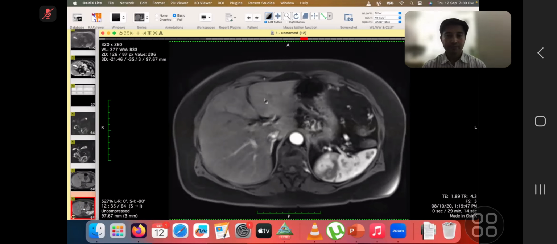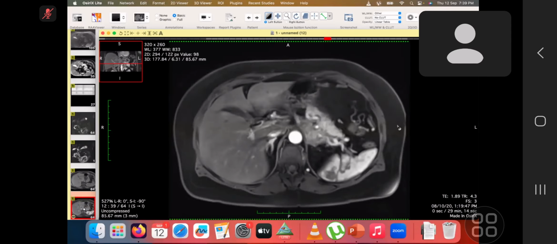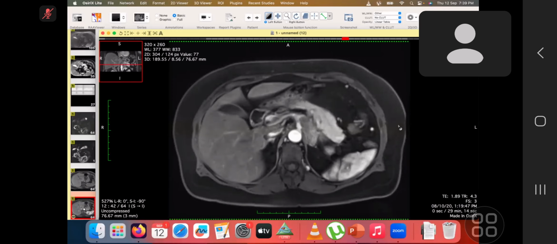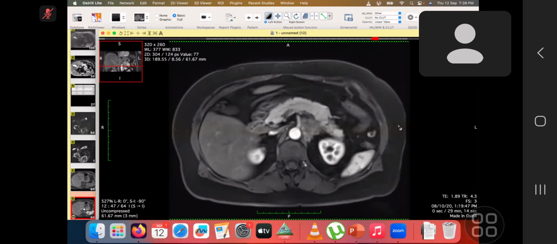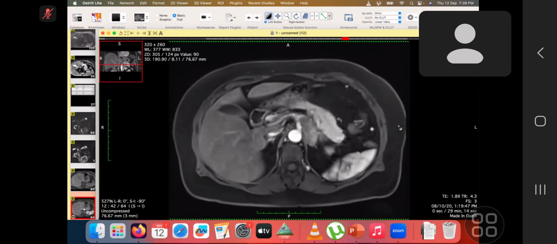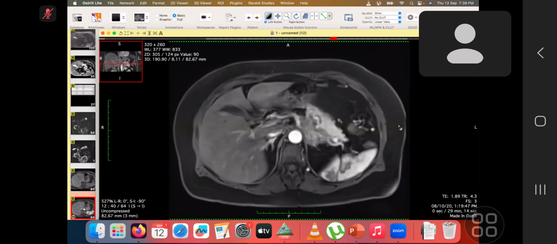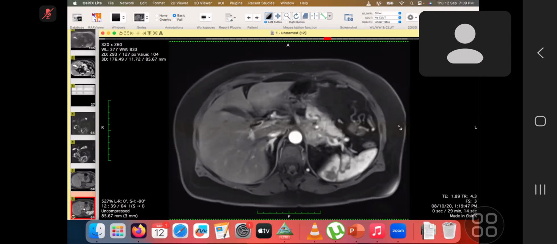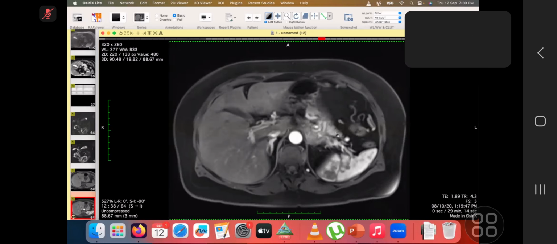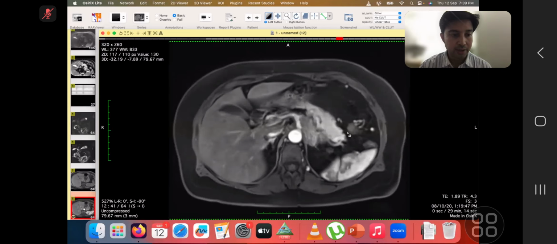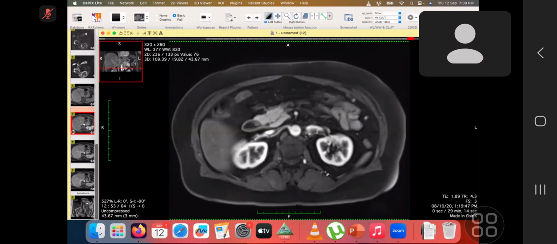Yeah. So I am scrolling through the MR post-contrast arterial phase images. You're not able to? Okay, let me just. Yeah, can you please scroll for me?